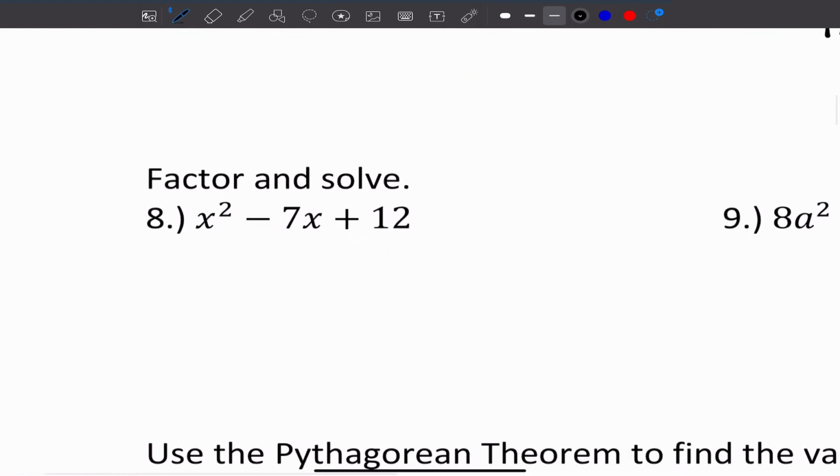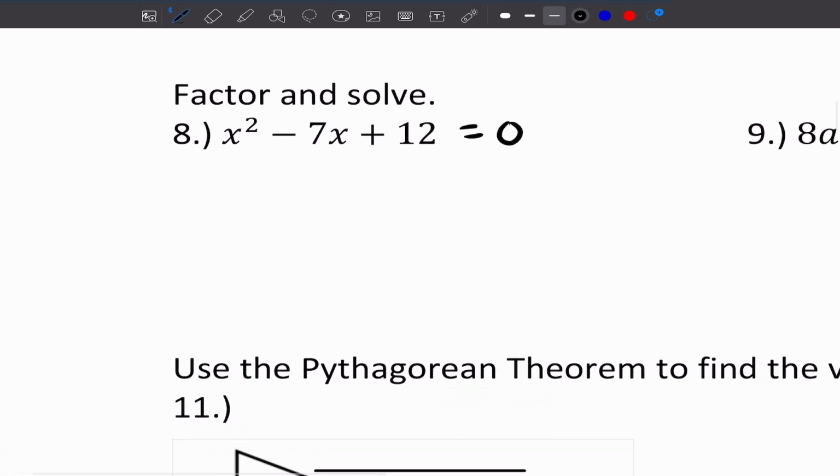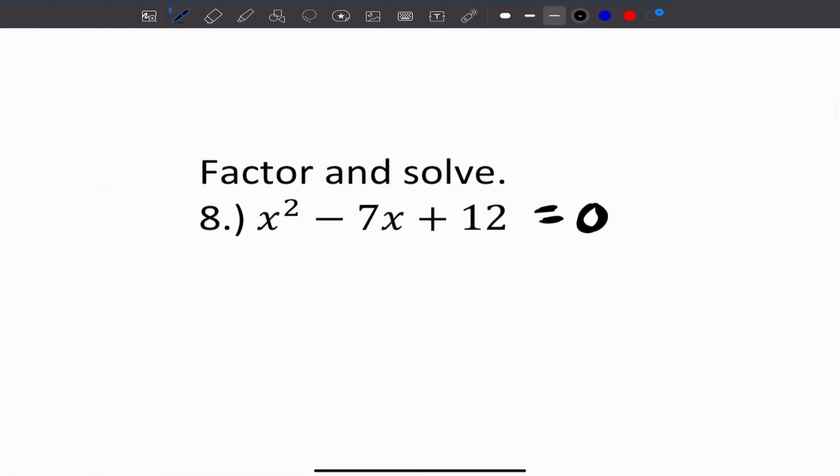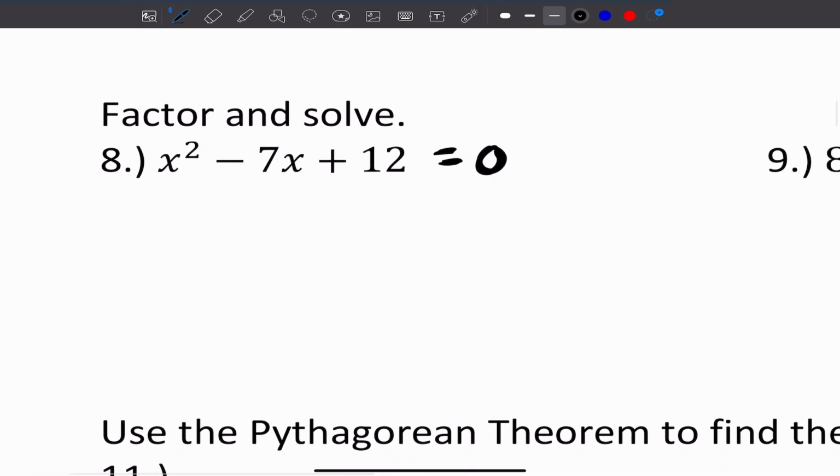Here I'm going to solve by factoring, so there should be an equals 0 here. There shouldn't just be an x squared minus 7x plus 12, but make sure you set that equal to 0 when you have that sort of problem. Okay, so first of all, notice that this is in the form ax squared plus bx plus c.